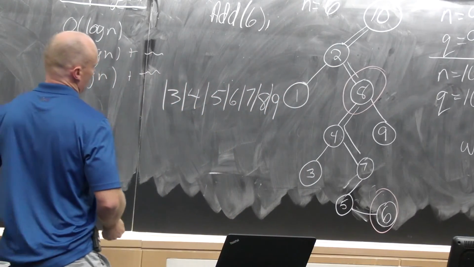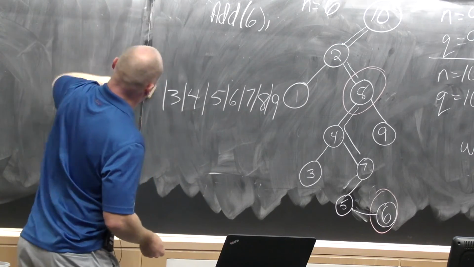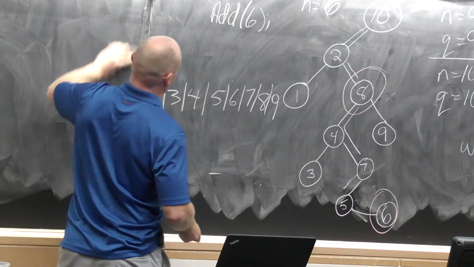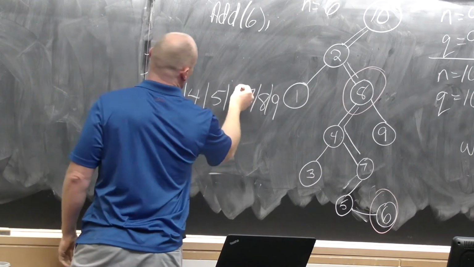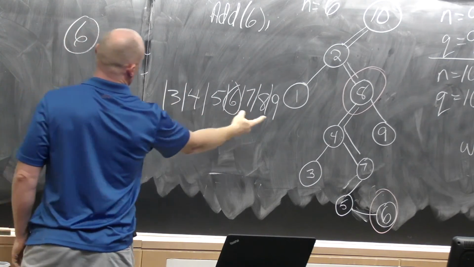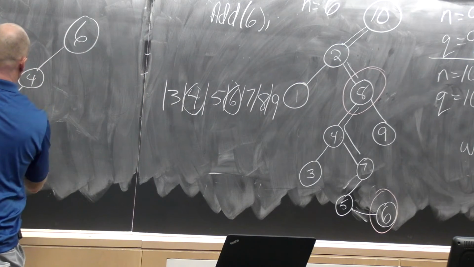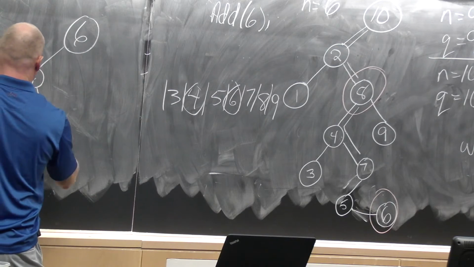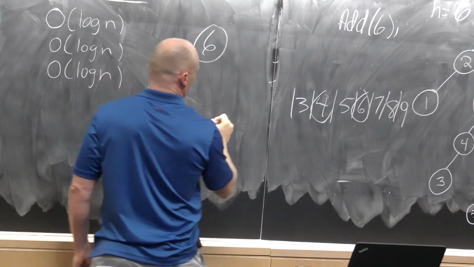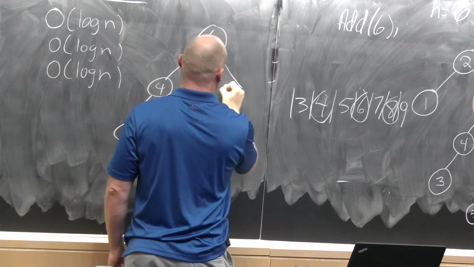So now we take the median element, which is 6, and then recurse on the left and right side, so we get 4 over here, 5, and on the right side we get 8 as the median.